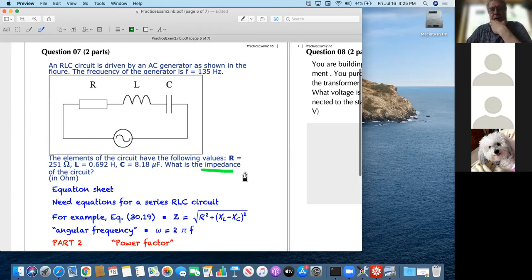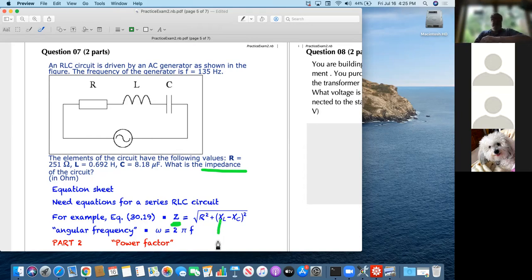Well, the first part is to calculate the impedance, which is going to be in ohms. There's also a part 2. Now, impedance, which is always denoted by Z, which has units of ohms, it's the square root of R squared plus XL minus XC squared, where R is the resistance, so that's this R. XL is the effective resistance.